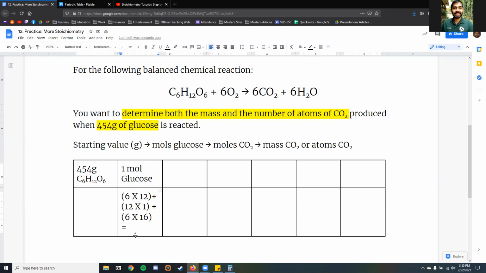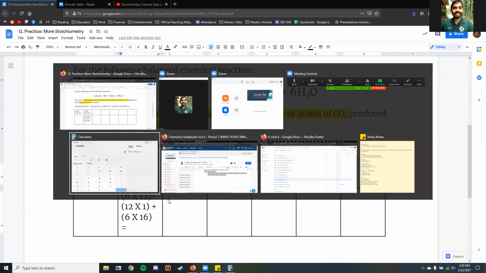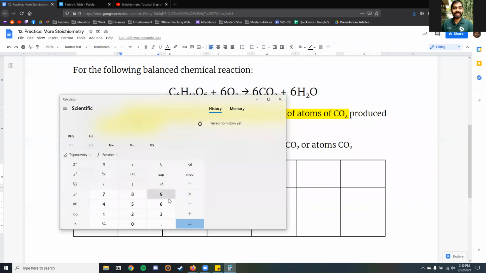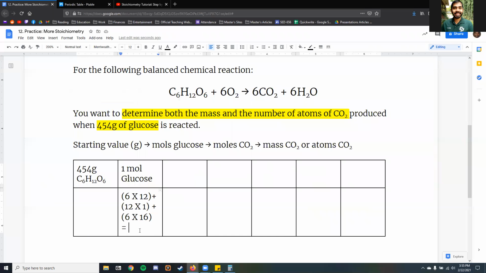We put the thing that we have, our mass, on the bottom. So 6 times 12, 144. I'm not doing the math here. I have a calculator for that. So we've got 12 times 6 plus 12 plus, and I'll put this in parentheses, 16 times 6, so 96.